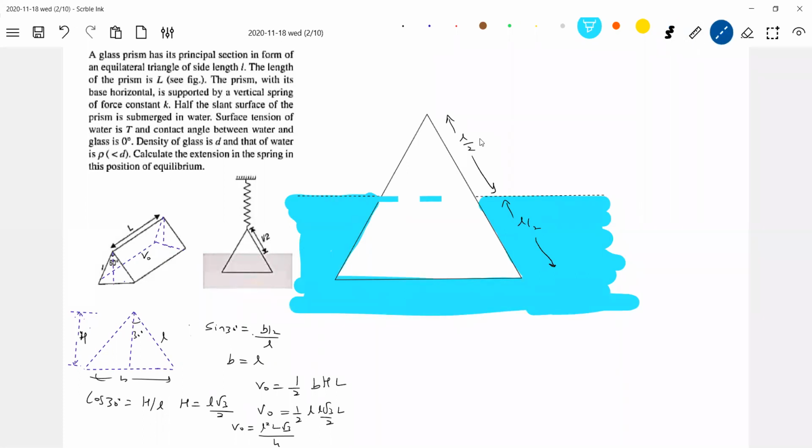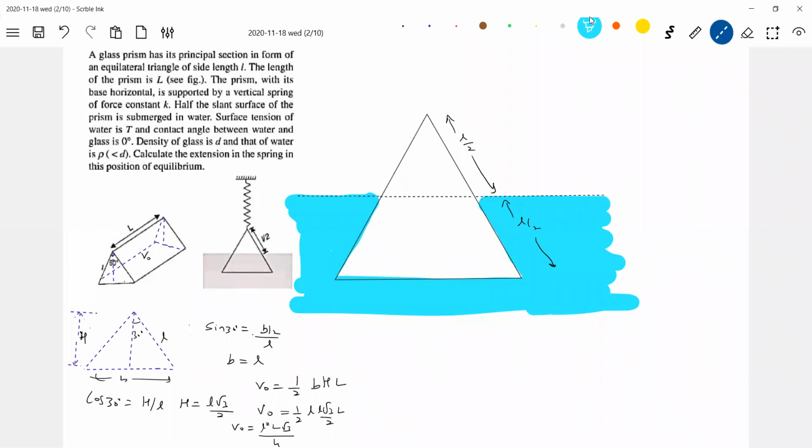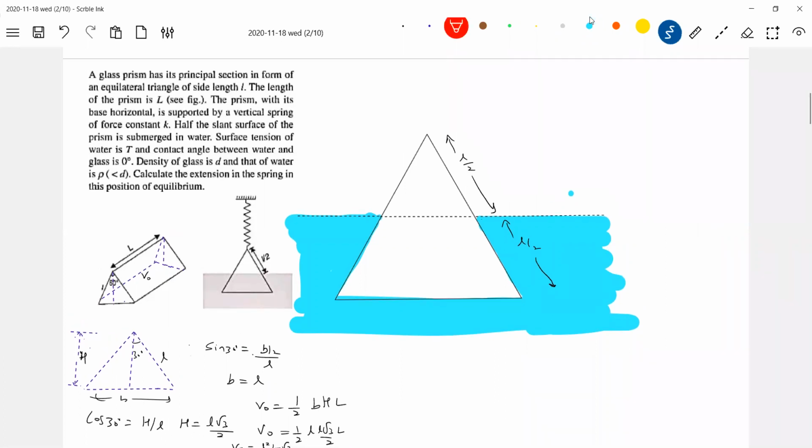So let me bring it. Well, the spring will be elongated, so that will be the spring force. The weight will act. So let's take the sum.